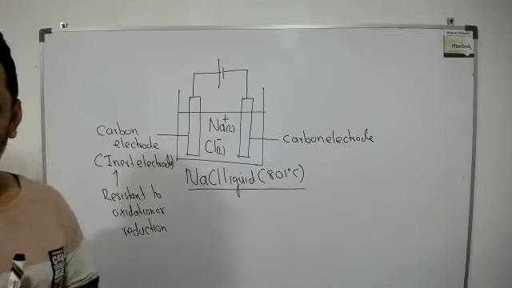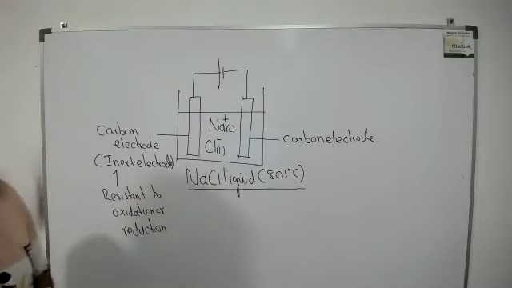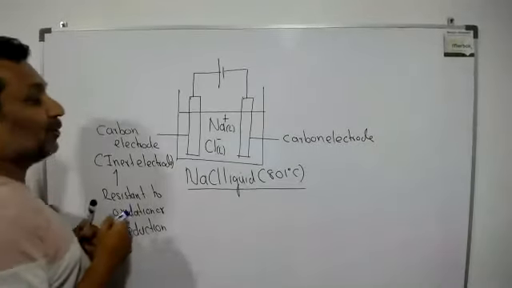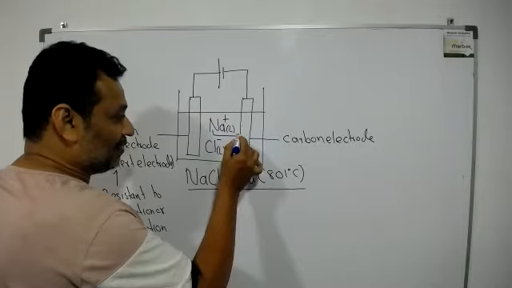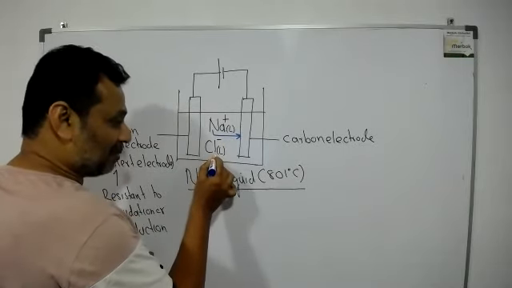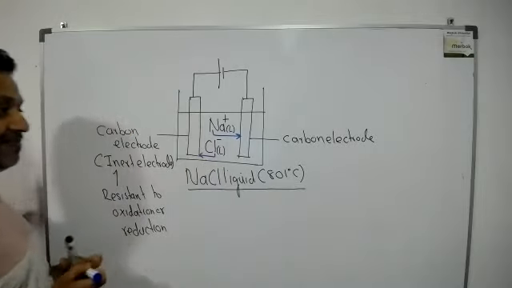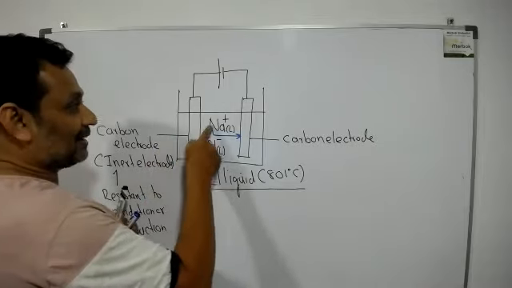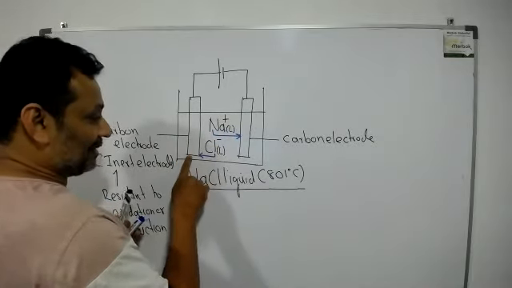Not solution here. Only NaCl liquid is there. Na plus is attracted to the minus. It will go to the minus. Cl minus is attracted to the plus. That is very common. Plus is attracted to the minus. Minus is attracted to the plus.